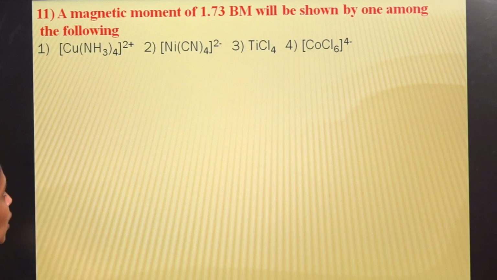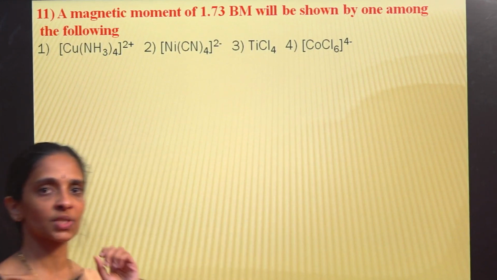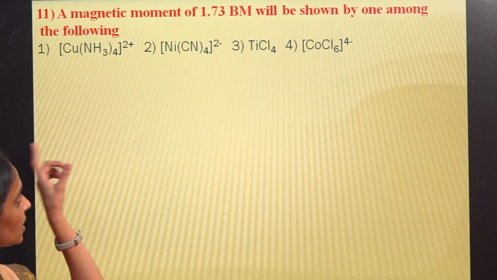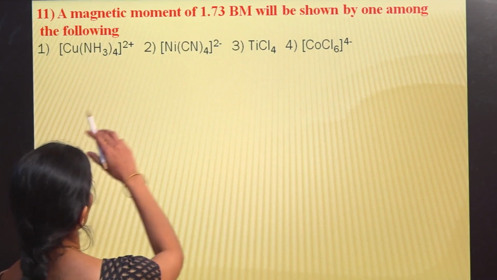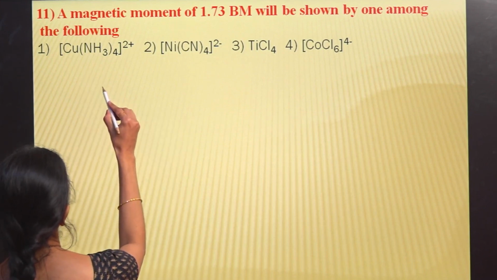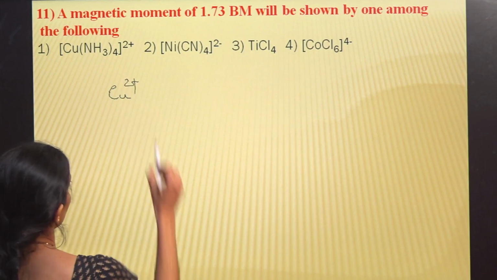Again a question on magnetic moment. This time the magnetic moment is given to you. In the previous question magnetic moment was asked. Here the magnetic moment is given and you have to find out the complex. So the first complex has Cu2+ at the center.